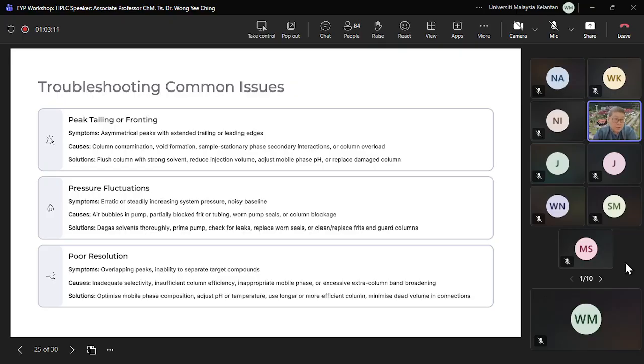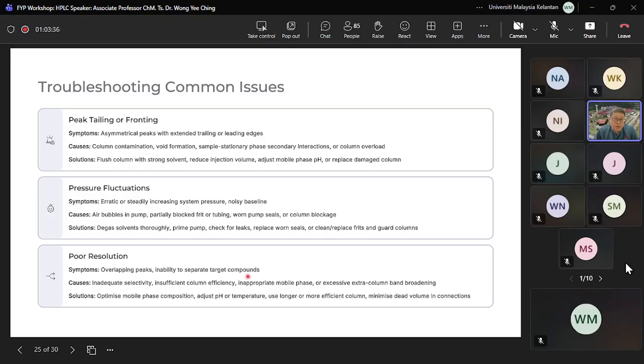The last but not the least, poor resolution. If you're having poor resolution, which means there will be overlapping of the peaks, inability to separate the target compounds. So let's say inside your complex mixture you have 5 compounds, and the 5 peaks are not separated very clearly.